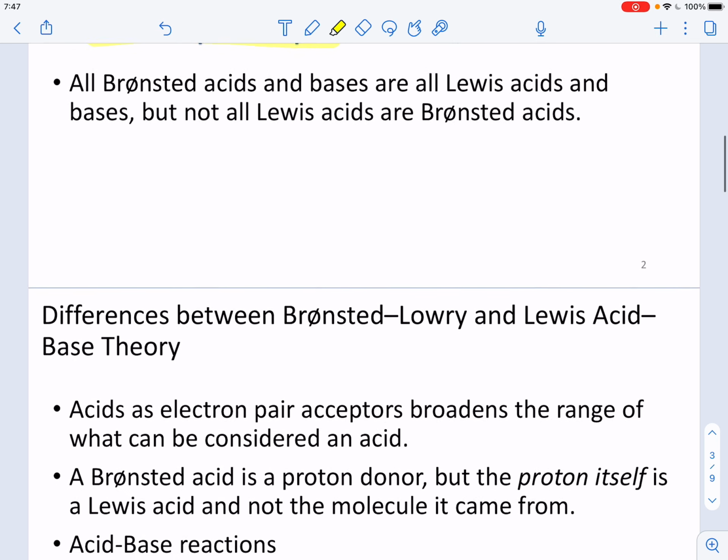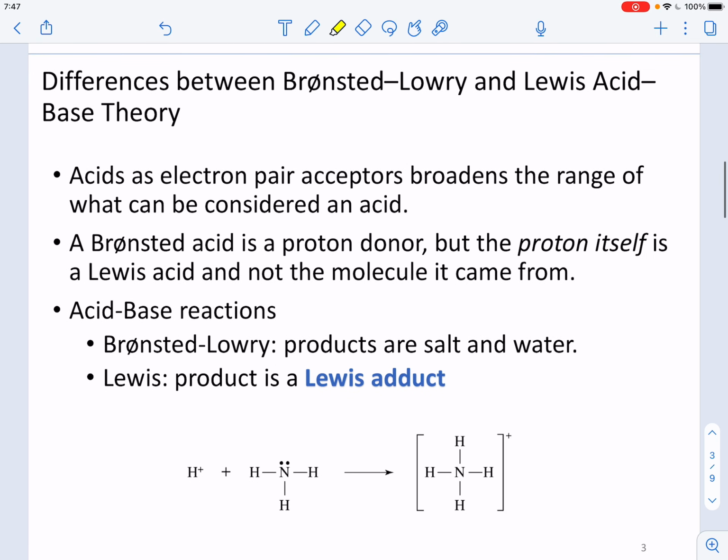So that is the main difference between the Bronsted theory and the Lewis acid-base theory. For Lewis, the acid is an electron pair acceptor, so you are expanding the number of compounds that you can consider as an acid. However, for Bronsted, the acid is a proton donor.